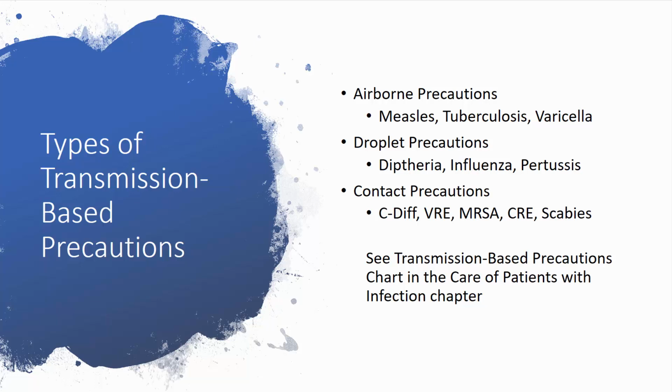You'll be doing that often in your healthcare career, so you have to know the difference and how to effectively put it on and take it off. I give you some examples of when you would use these precautions, but that chart is really good and goes into a little more detail, so make sure that you watch that video.